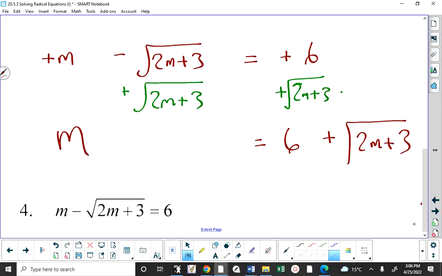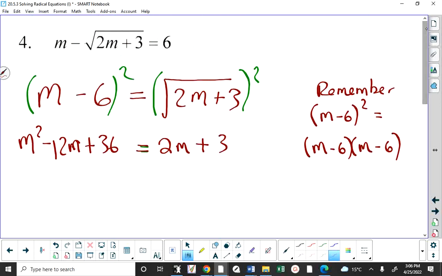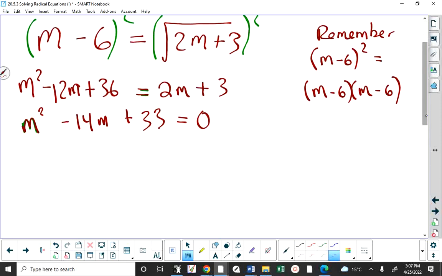Okay. So don't forget m minus 6 times m minus 6 is m squared minus 12m plus 36. I can zero this equation: m squared minus 14m plus 33. How is my addition and subtraction there, okay? All right. As I said, in this section, these will all be factorable if you get a quadratic.